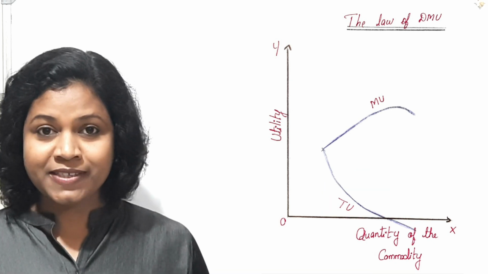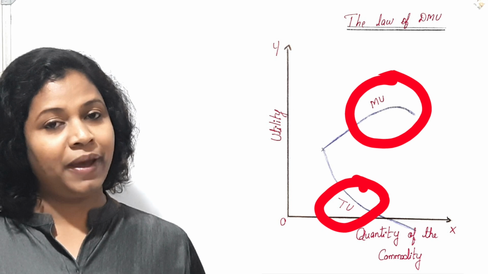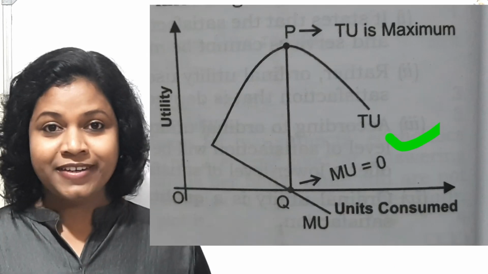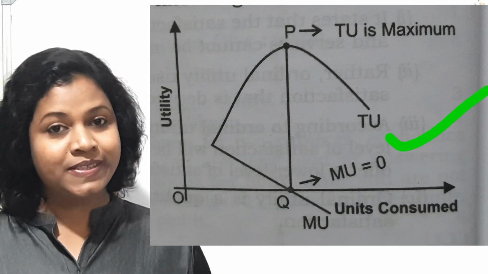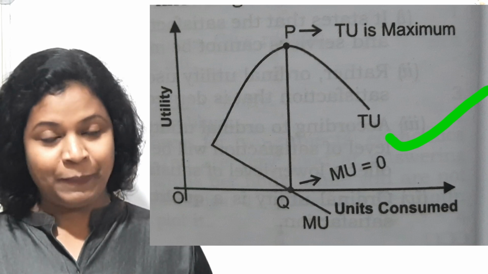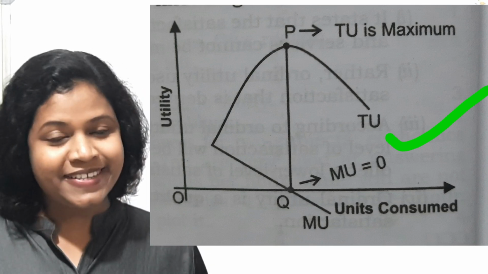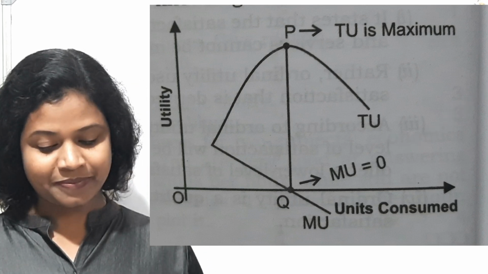So how many mistakes are there? There are 2 mistakes in this diagram. And my dear students, please understand, total utility curve is increasing initially, then it will reach its maximum, then it will start to decline. Whereas marginal utility curve, from the starting itself, is decreasing.